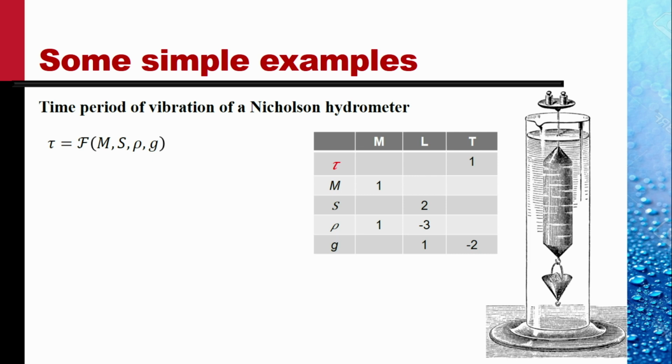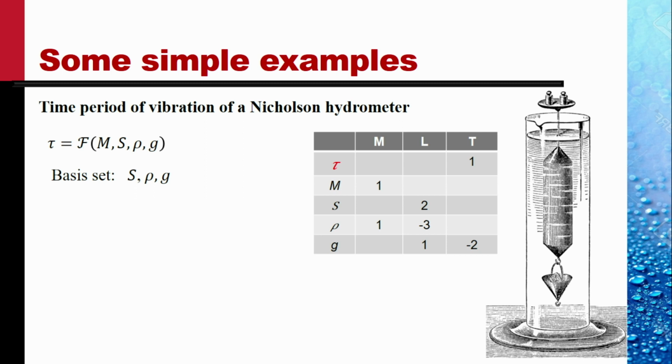S, the area, is like L square. N is 4. K, the basic set that we choose, is 3. And we choose S, rho, and G as the basic set. These are independent and complete.